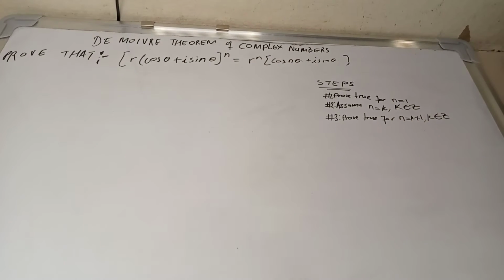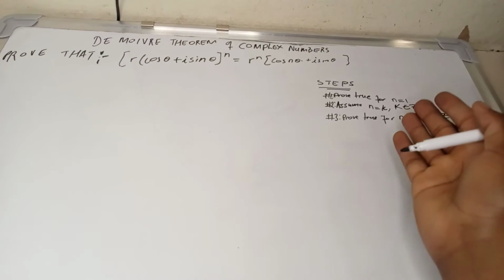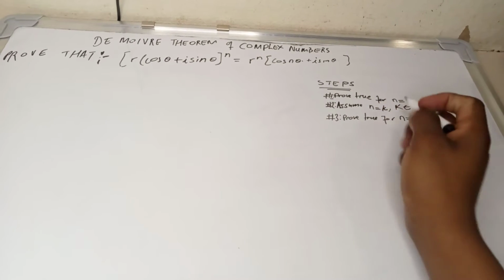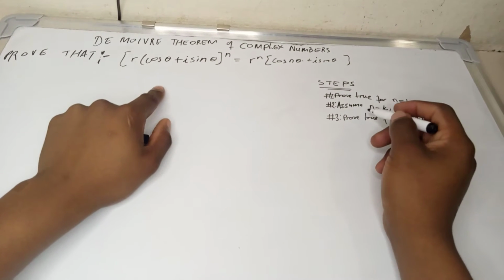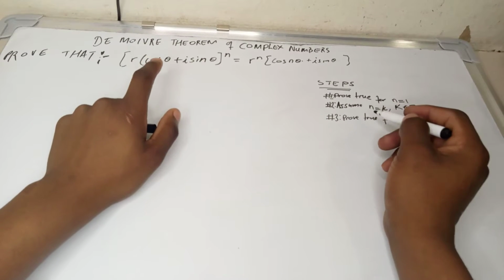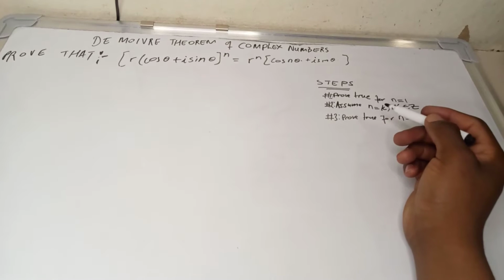So before wasting any time, let's go ahead and quickly prove that. Here are the steps that we need to follow. Firstly, we must prove true for n equals 1. We must assume that n is equal to k, such that k is some integer.